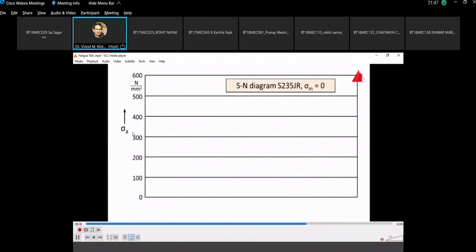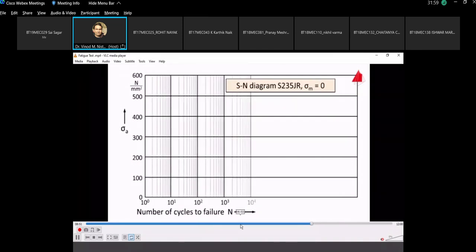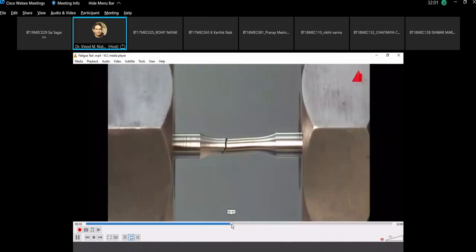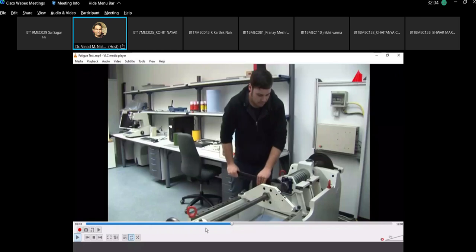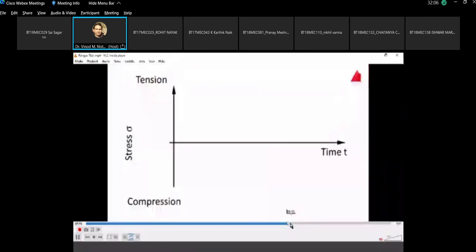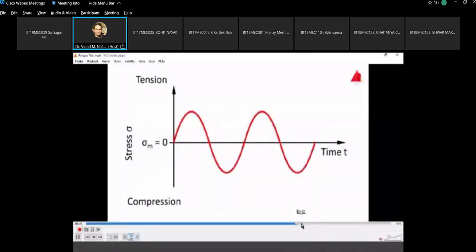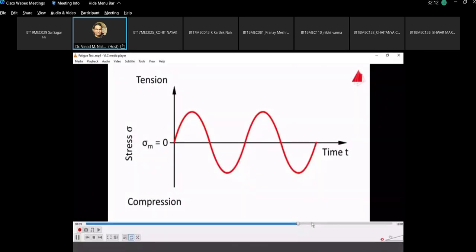Sigma A denotes the stress amplitude and the number of cycles to failure is N. In the case we have just seen, the specimen failed at about 3 lakh cycles.